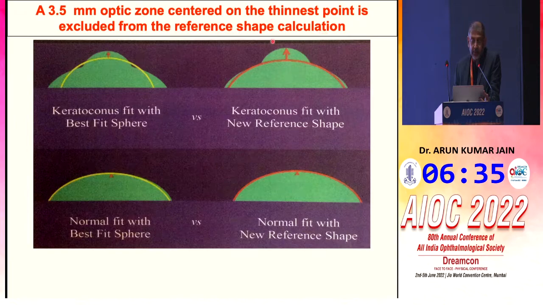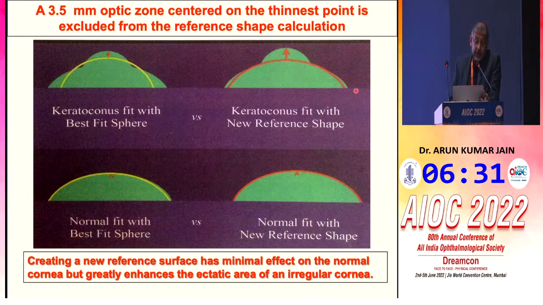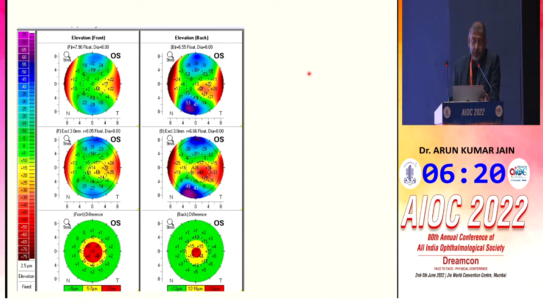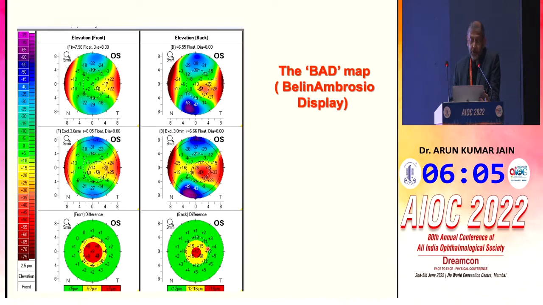So you get a reference map like this, and creating a new reference surface has minimal effect on the normal cornea, but it greatly enhances the ectatic or irregular cornea. So if you see here, these values are on anterior and posterior surface elevation, and this is on the Belin-Ambrosio map. So it enhances the elevation both on anterior and posterior surface.